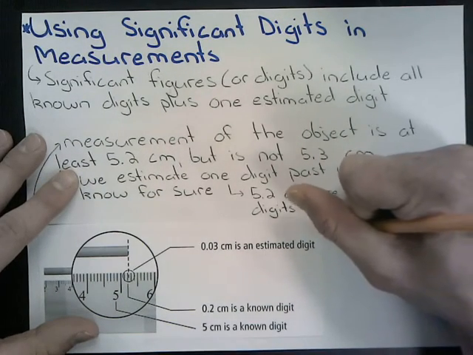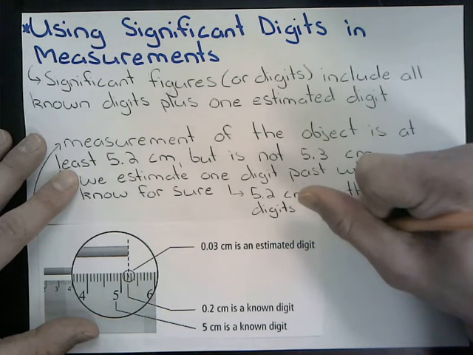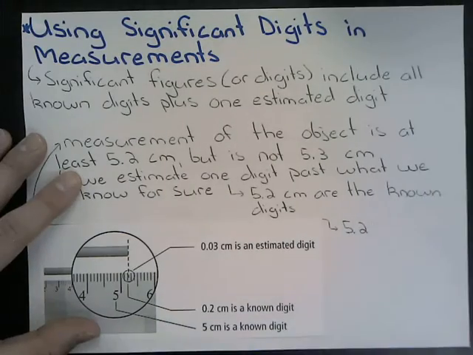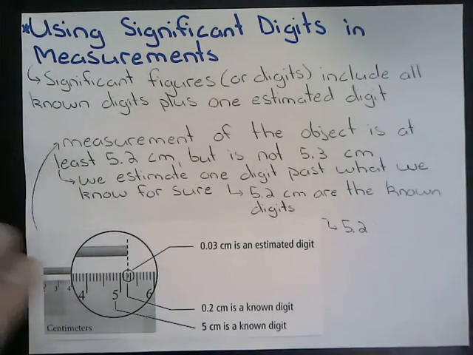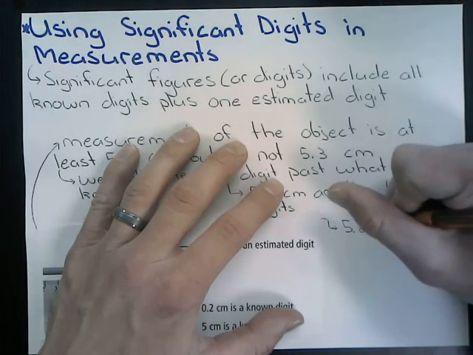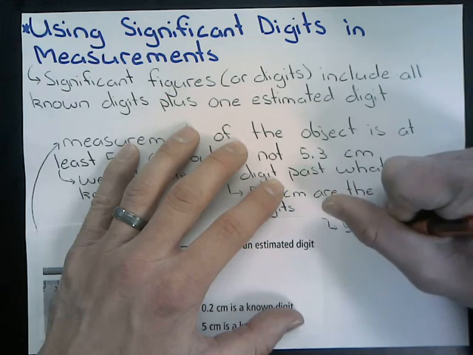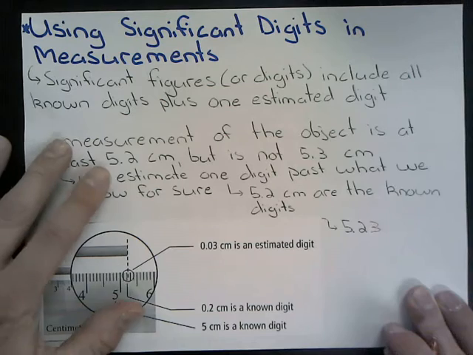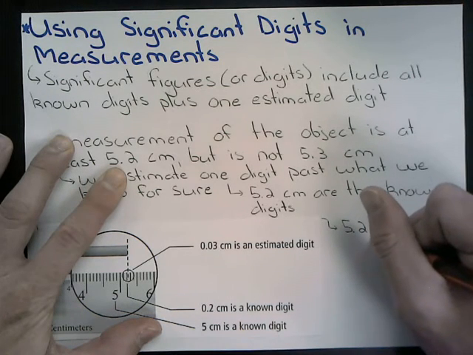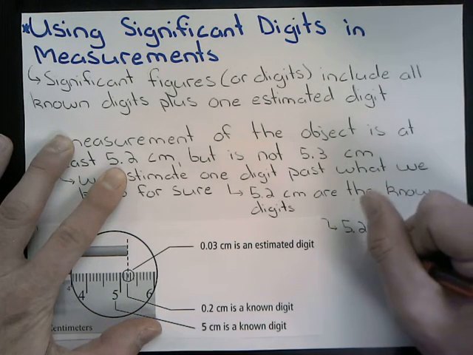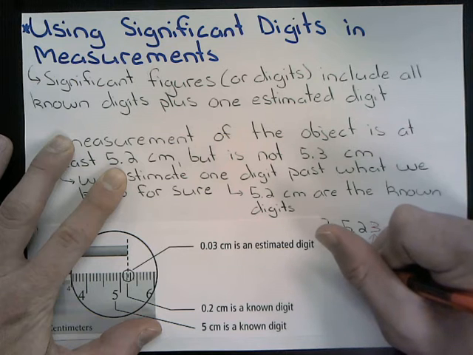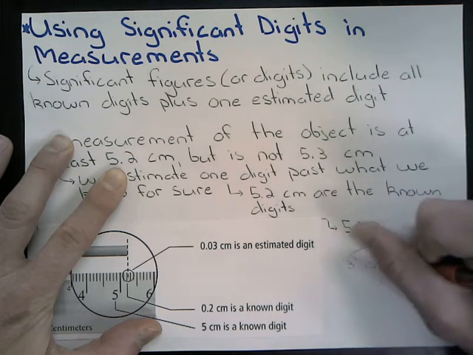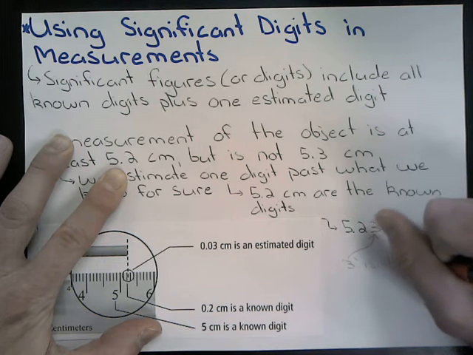If I write this down here as 5.2, and then I'm going to change colors into this orange color, this 3 is an unknown or an estimated digit, okay? So I'm going to mark this here as our 3. Our 3 is the unknown or estimated digit.